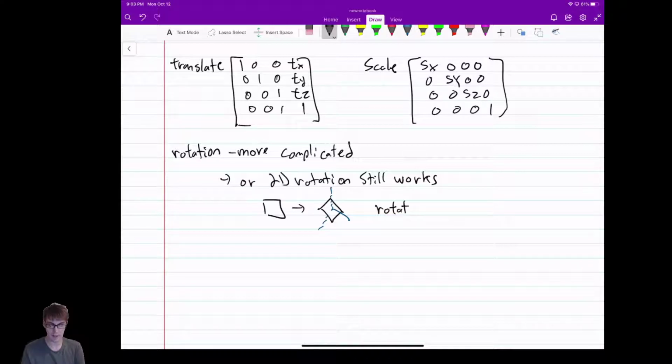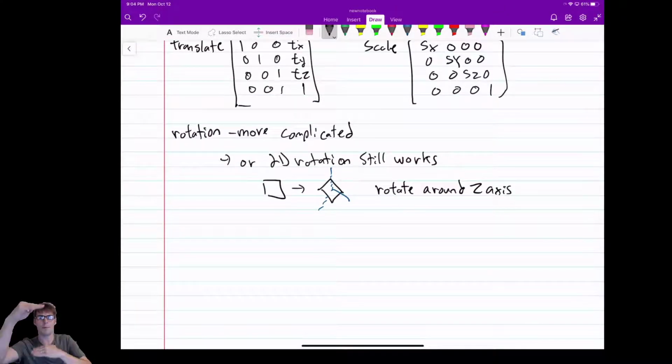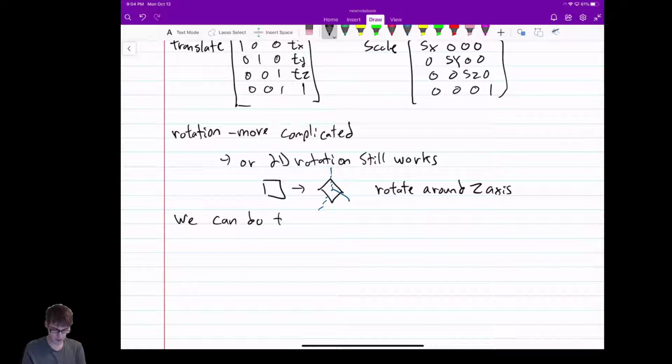Like I talked about above. Rotate around the z-axis. And just by moving the parameters around, about whether it's applying to x or y or z, we can actually do the same thing for the other axis. We can do the same rotation also around the x and the y axis.